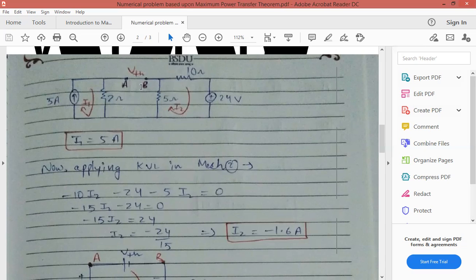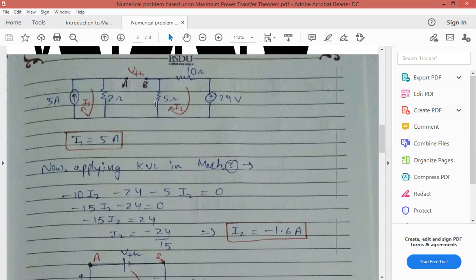For VTH, we have to find the voltage drop across this 2 ohm resistance and the voltage drop across this 5 ohm resistance. In the 2 ohm resistance, I1 current is flowing, and in the 5 ohm resistance, I2 current is flowing.